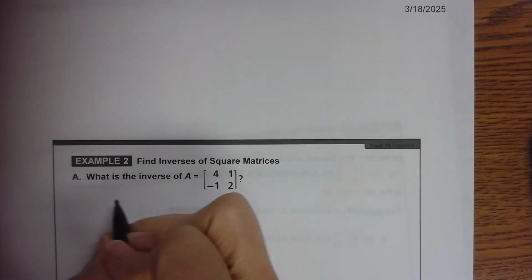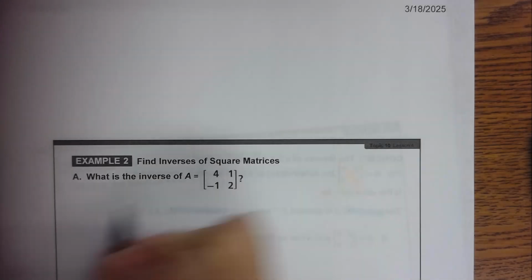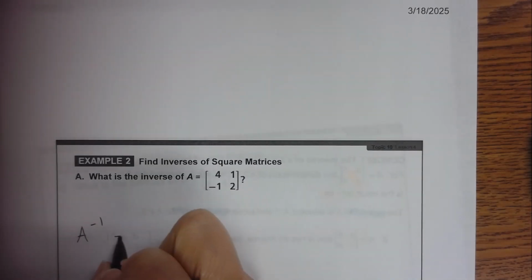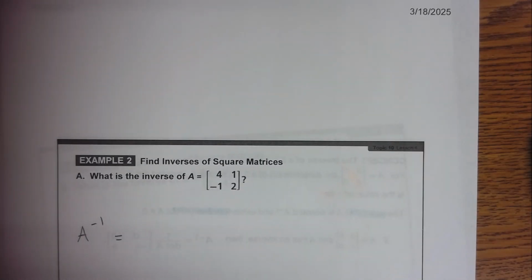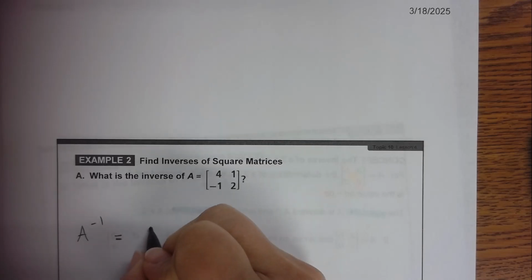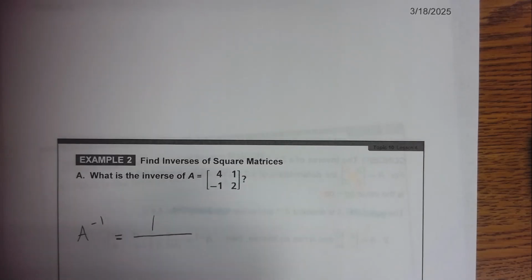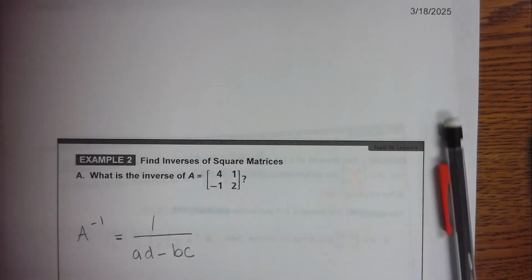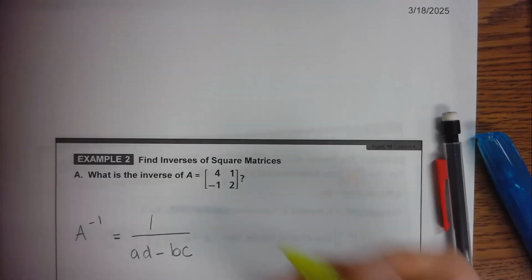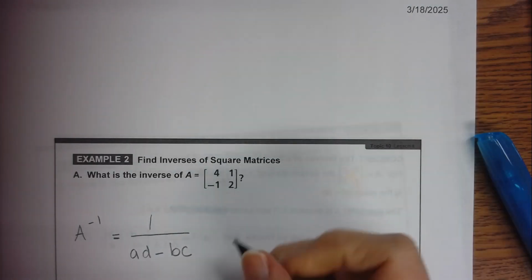All right, so what is the inverse of this matrix? Okay, so the inverse, I'm not going to calculate the determinant yet because that's part of finding the inverse, so it's 1 over. The determinant is AD minus BC. Okay, so let's put the numbers here.